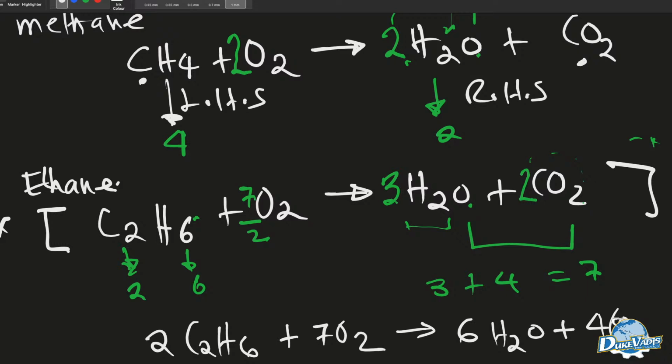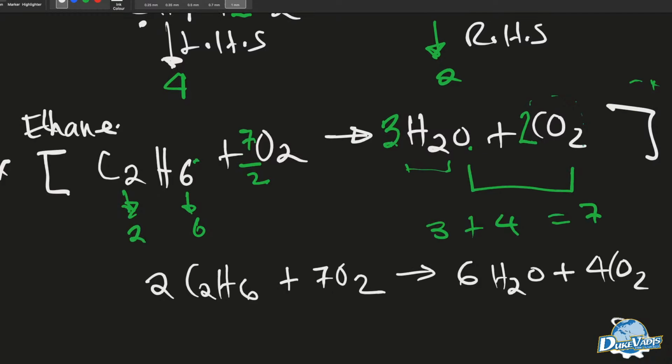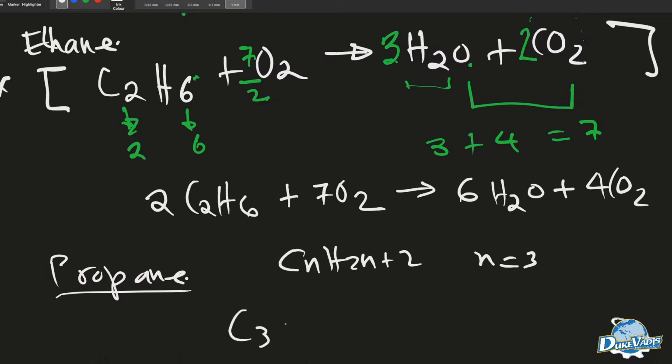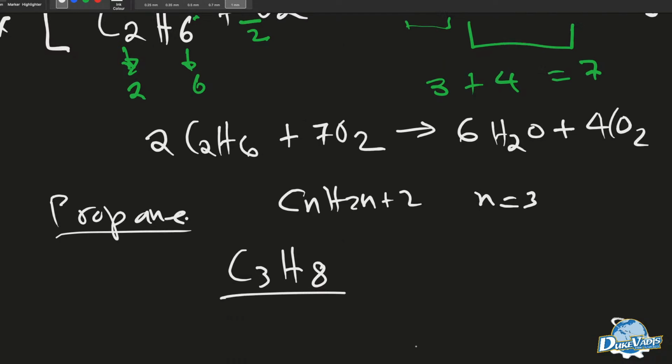Now let's look at propane. Propane is the next compound. Knowing CnH2n plus 2, and n being 3, your propane will be C3H8 as the compound.